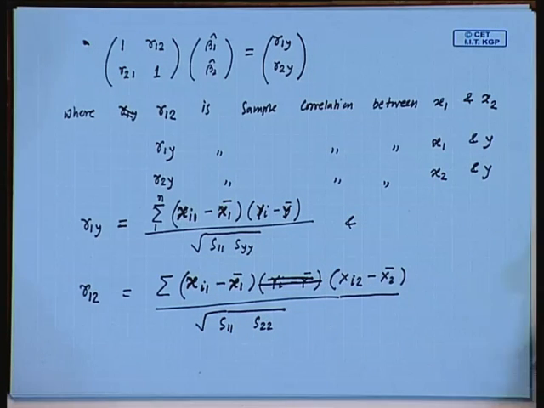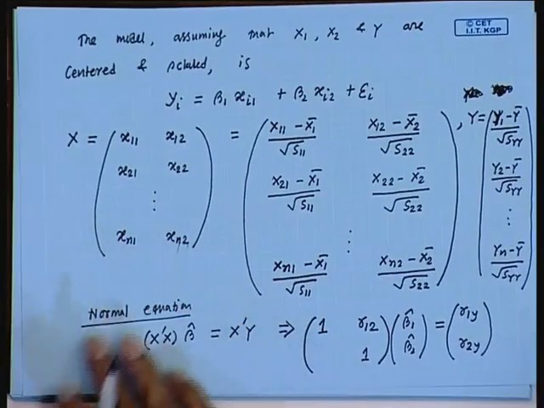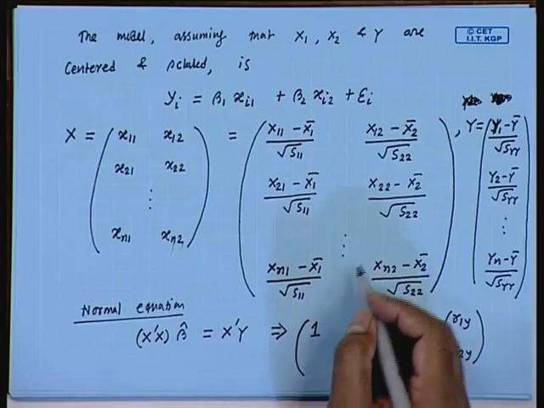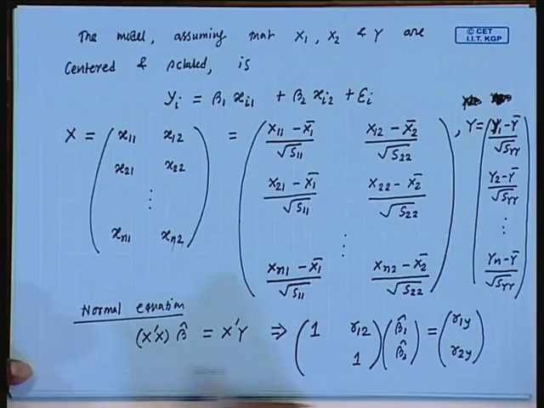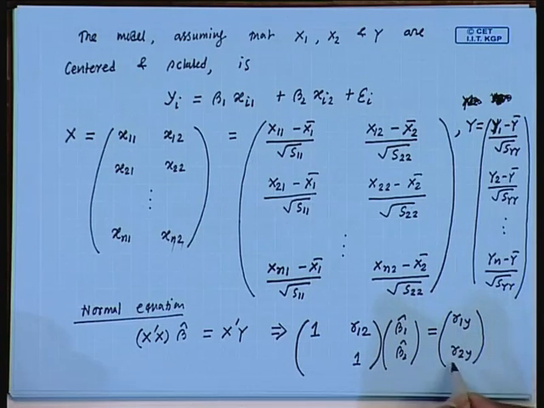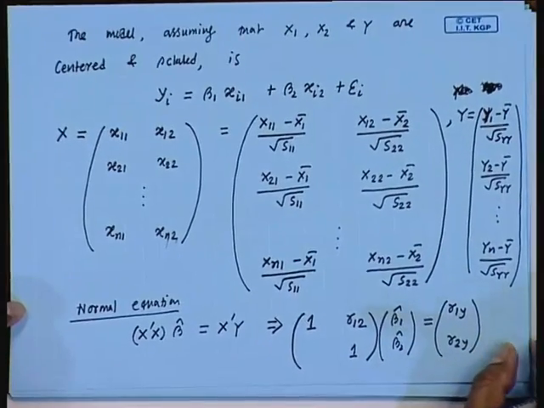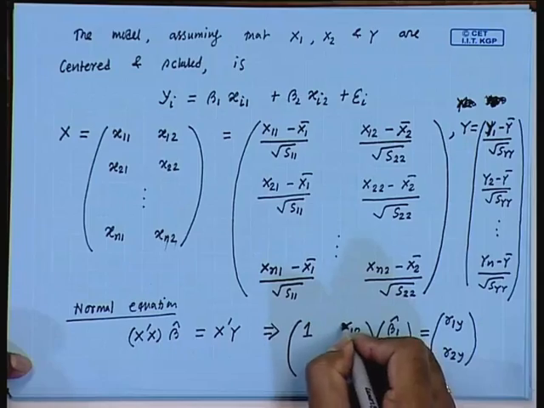Okay. So, you can check with the original X matrix now. This is the X matrix for the transformed data, and then you can check why X prime X is equal to this. You know what is R12, and what is R1y, R2y, all these things. So you can check why this element is R12.